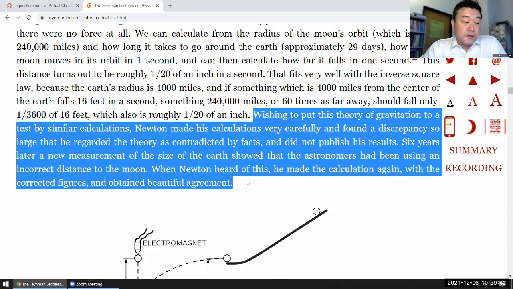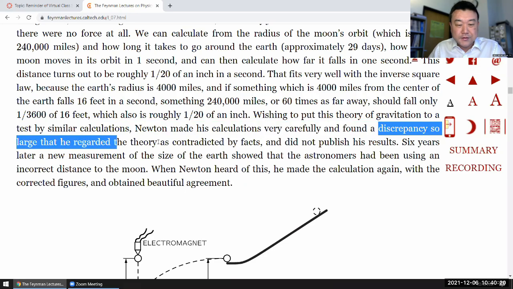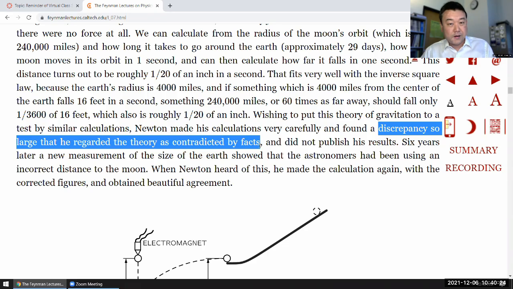And when they disagree, then we fix it, or maybe we learn from that disagreement. So here, I guess what Newton learned was, he found the discrepancy, and he thought the theory wasn't correct because it was contradicted by existing fact.